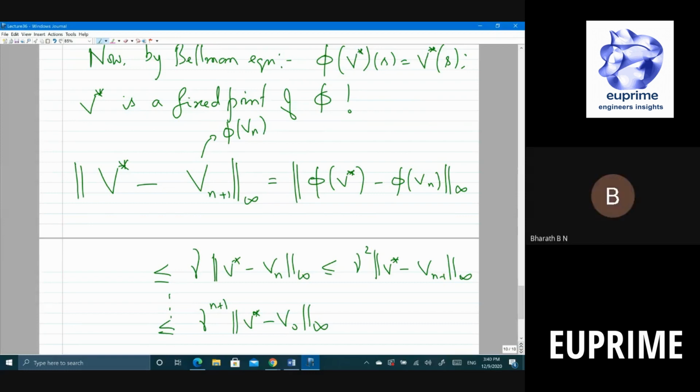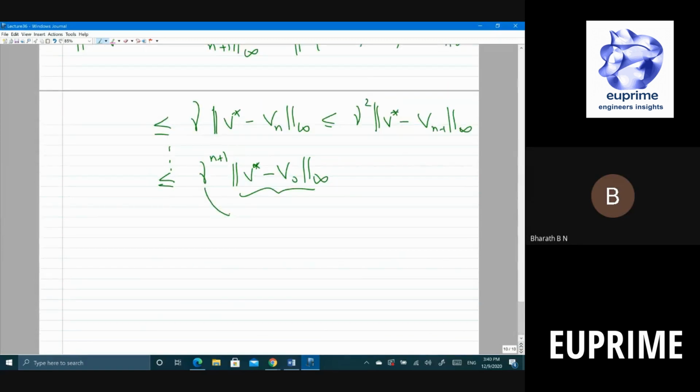Okay. Now, v star minus v naught infinity norm is some number. It could be 100, 10, 4, whatever it is. What is nu? This nu belongs to (0, 1), right? It's some number between 0 and 1. So if you take a number between 0 and 1 and raise it to the power, let's say 100 billion, what do you get? It will converge to 0, as n goes to infinity.